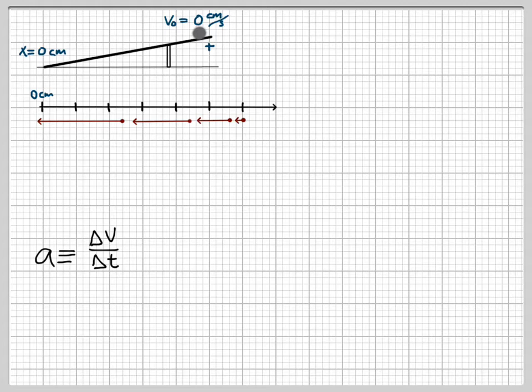Let's say that the velocity at this point would be negative 10 centimeters per second, and the velocity, say at this point, is negative 1 centimeter per second. So the change in velocity would be the final velocity of negative 10 minus negative 1 over that change in time, which is 2 seconds.